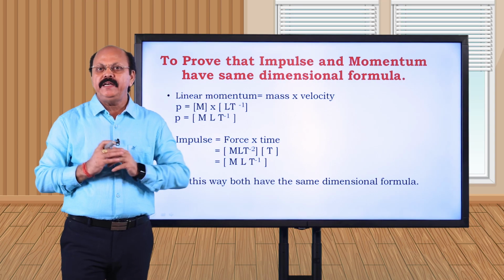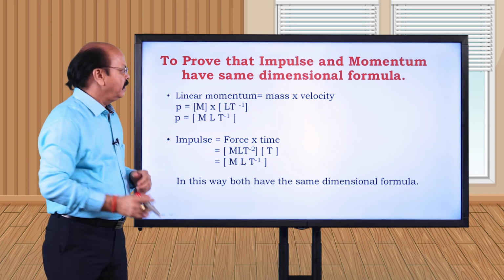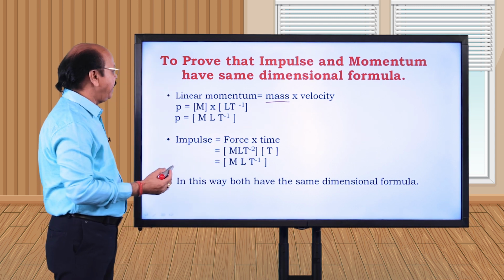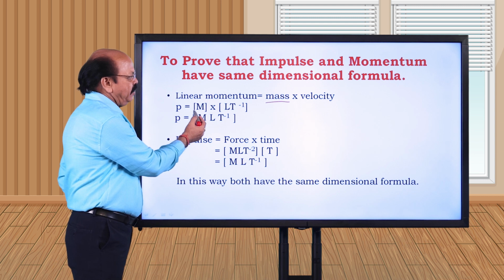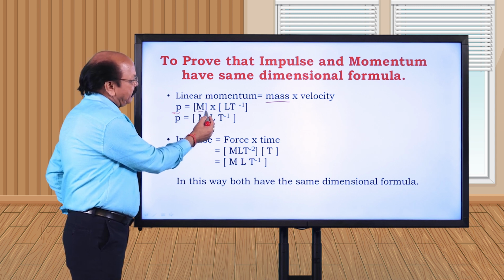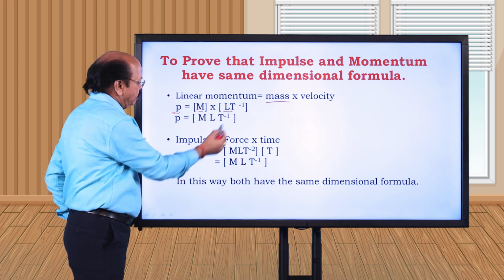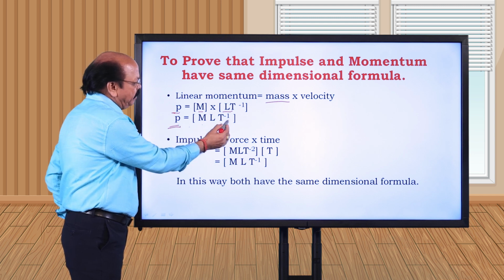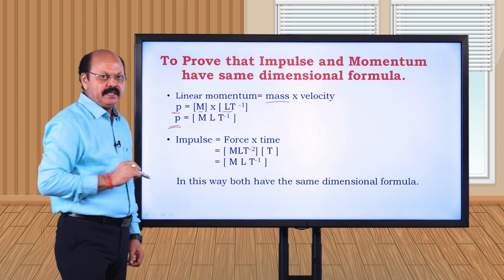The formula of linear momentum is mass into velocity. Now, we substitute the dimensional formulas of mass and velocity, then it becomes P equal to M into [LT⁻¹]. Finally, the dimensional formula for linear momentum becomes [MLT⁻¹].